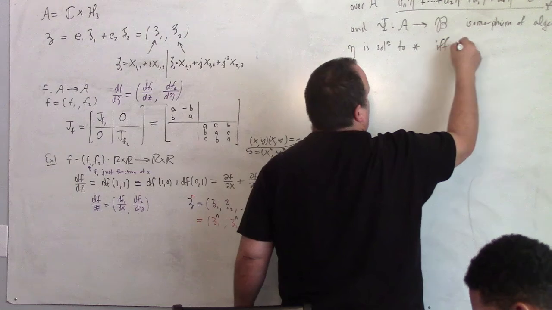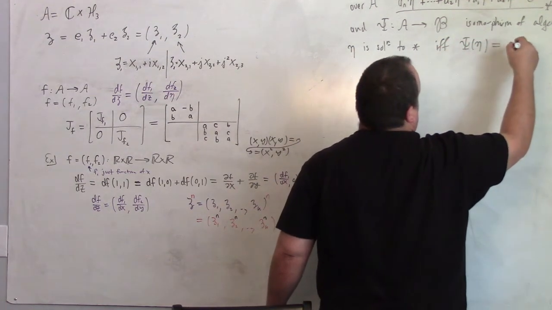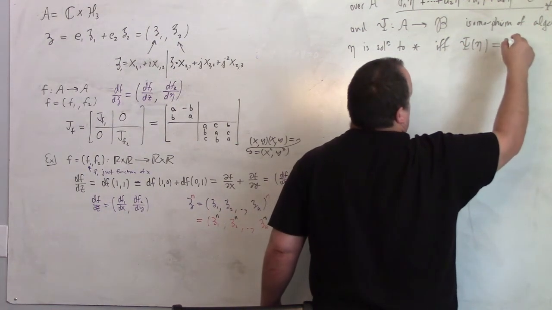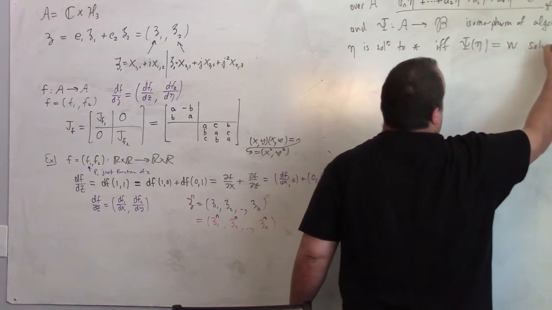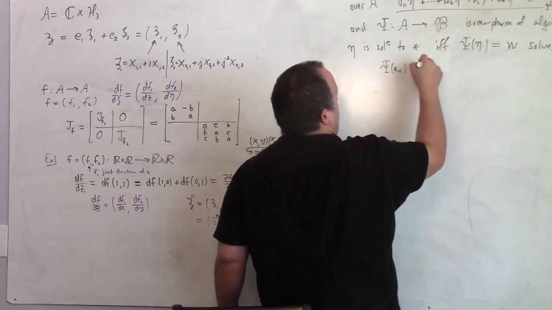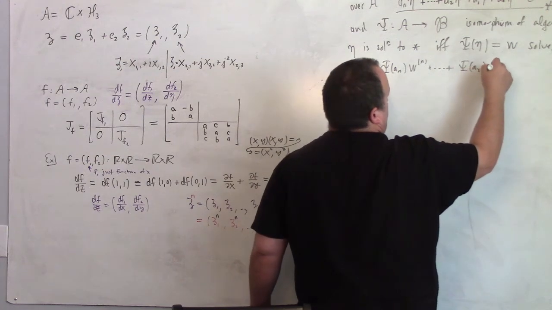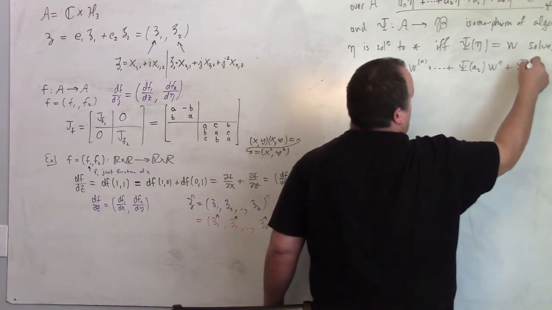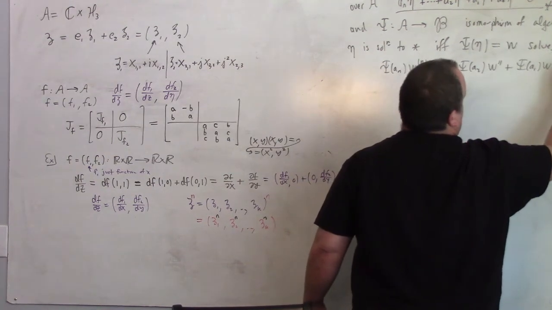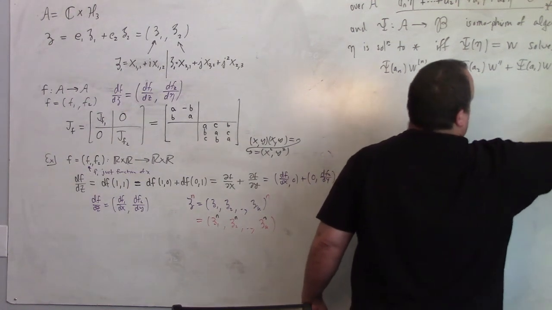if and only if psi of eta, let's say W, solves psi of the nth derivative of W, psi of a2 W prime prime, plus psi of a1 W prime, plus psi of a naught W equal to 0.